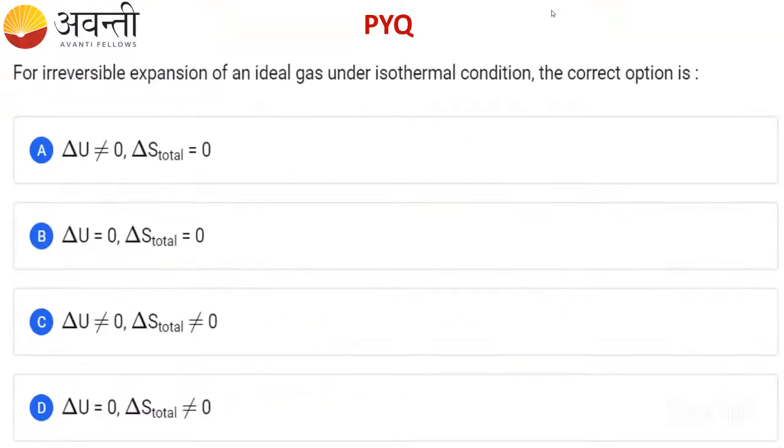For reversible expansion of an ideal gas under isothermal condition, which is the correct option?